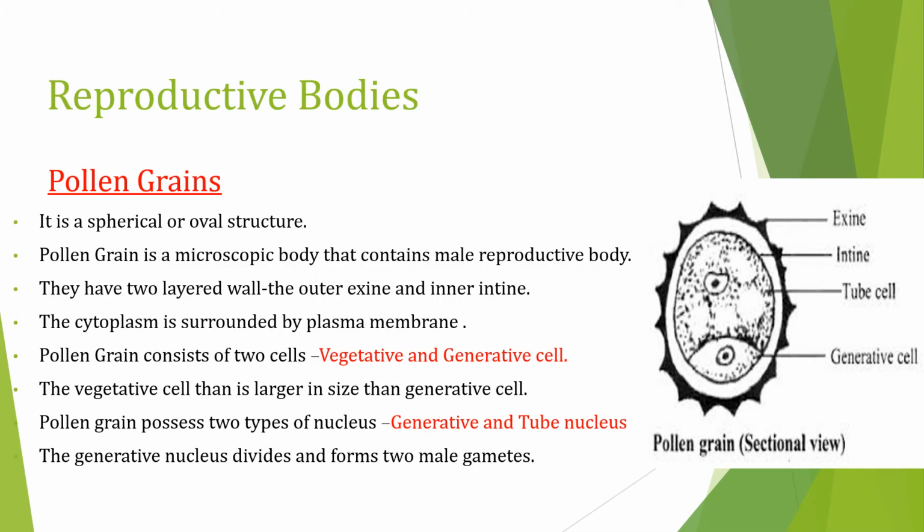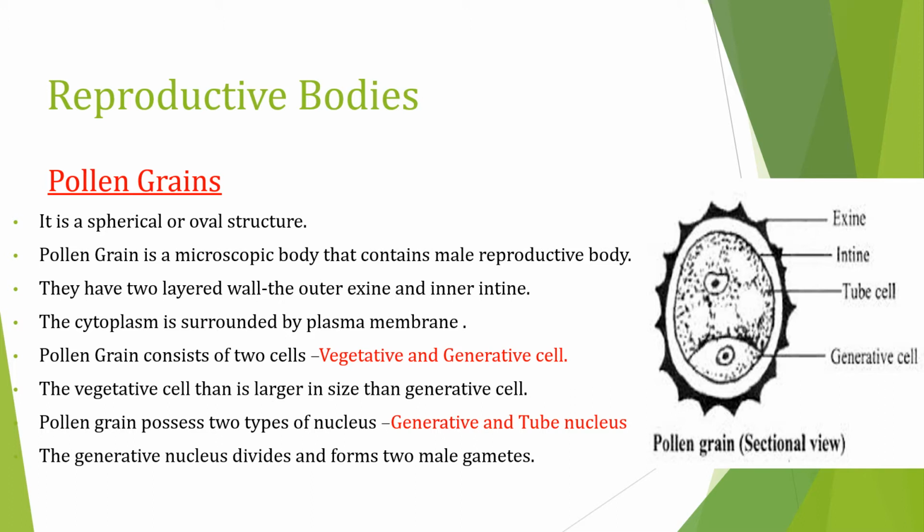So let's begin with the different reproductive bodies present in the flowers. Pollen grains. Pollen grains are present in the male reproductive part of the flower, that is the anther. A pollen grain is a microscopic body that contains the male reproductive cell of a plant.